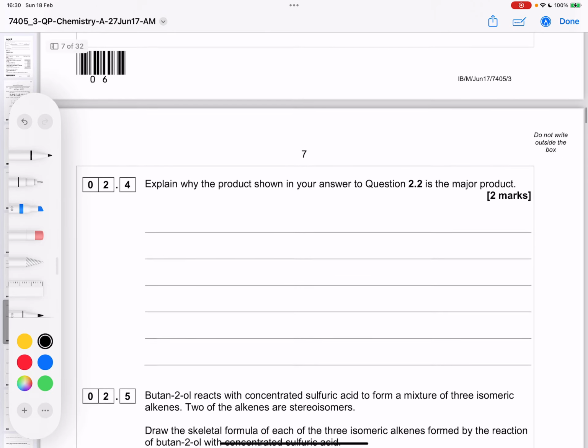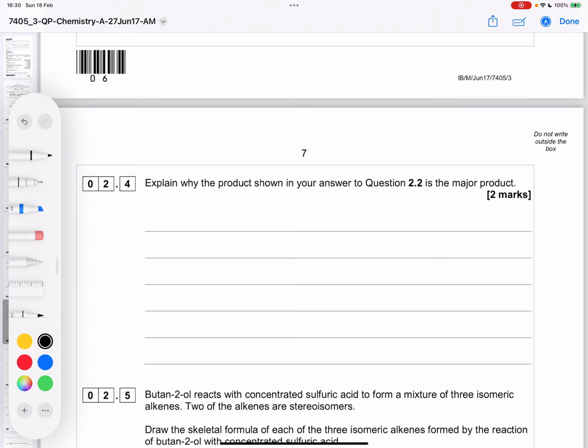Then it asks us to explain why the product that we've shown in 2.2 is the major product.